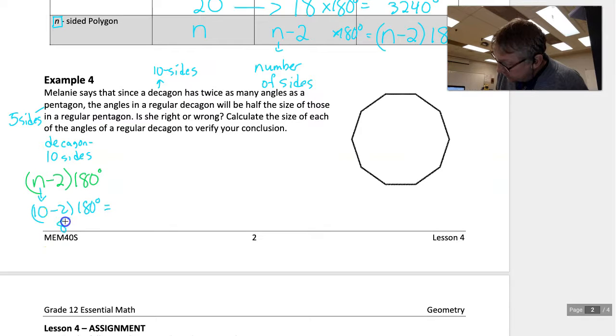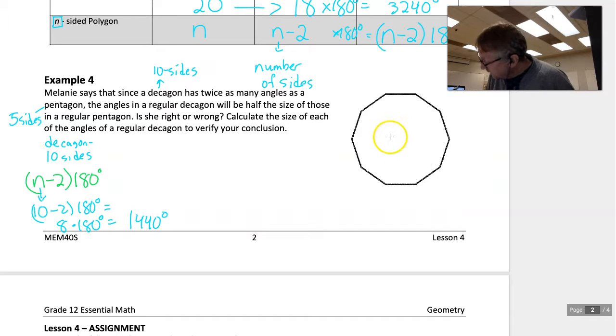Ten minus 2 is 8 times 180 degrees. Whoa, almost dropped it. Yeah, I did drop it. 8 times 180 degrees is 1440. So in a regular decagon, the total of all the degrees is 1,440 degrees.